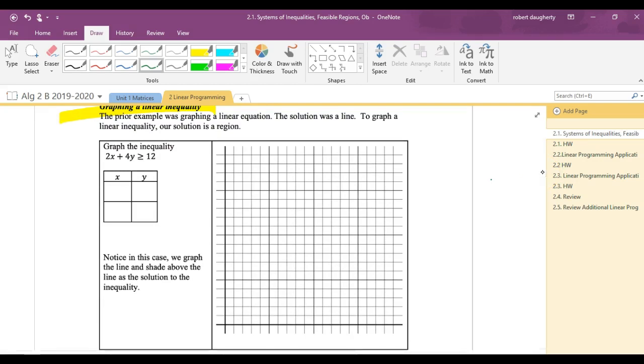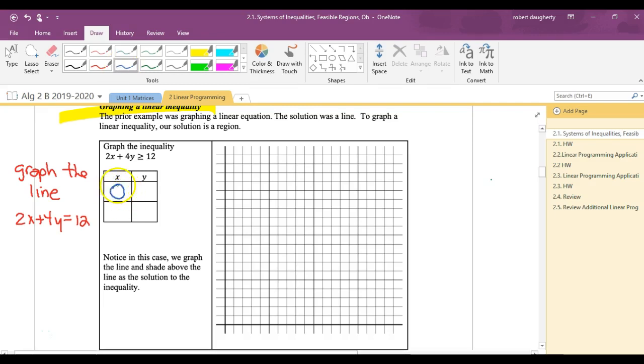So here, the first step, what you need to do first, is graph the line. So I'm going to need to graph the line 2x plus 4y equals 12. Now, is this line going to be a dotted line or a solid line? Solid because it says greater than or equal to. So solid line, do the same thing.